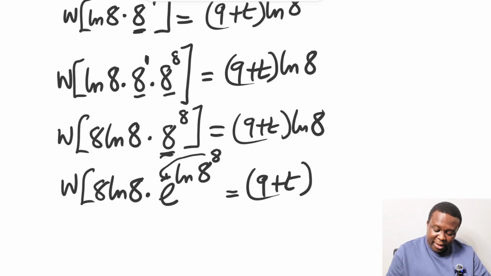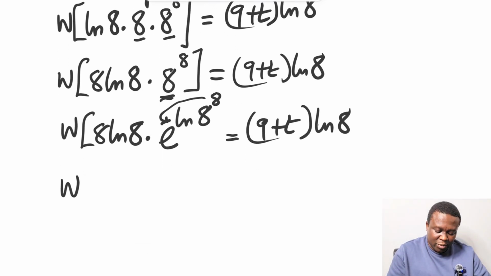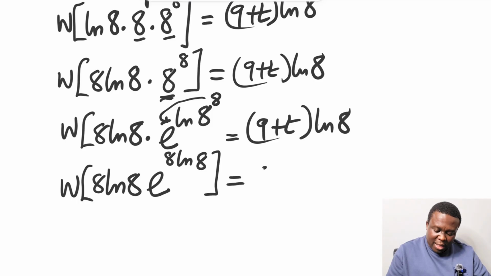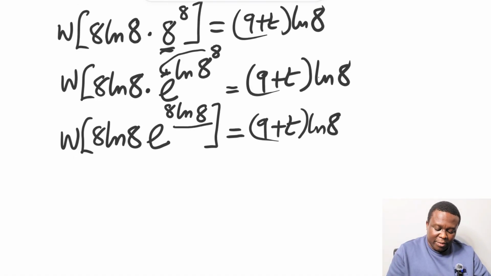Let's write out the right-hand side. And this becomes W of 8 ln 8 e raised to the power 8 ln of 8, equals 9 plus t, ln of 8. So now we see that the base and the power on the left-hand side are both the same.